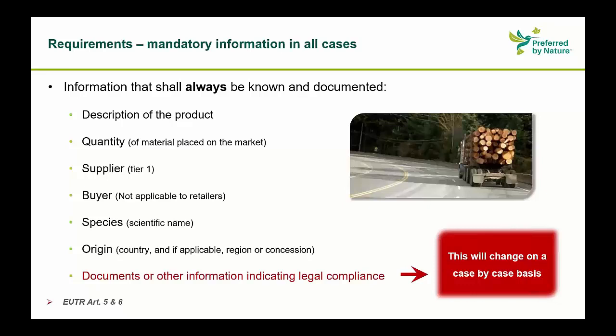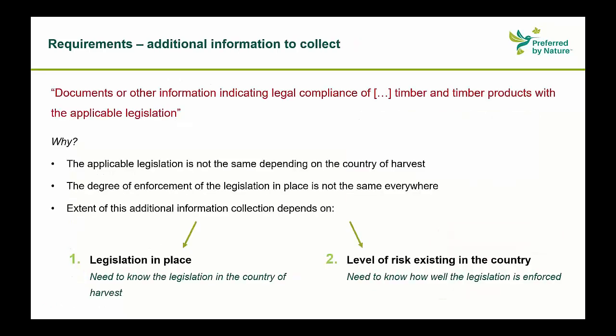And then in red, you'll see that the regulation says that operators also must collect documents or other information indicating legal compliance. And this bullet point is quite less clear, right? It will vary, it will change on a case-by-case basis, and that's something that the operator will need to establish. Why is that so?